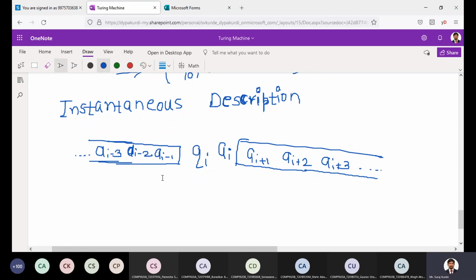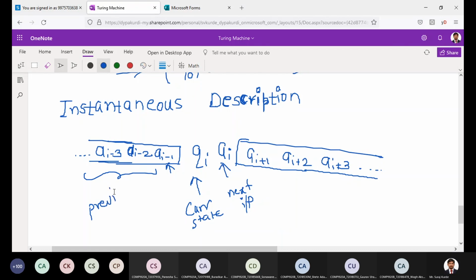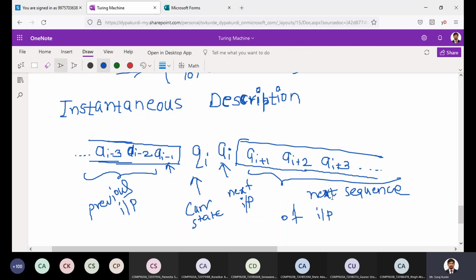This is the instantaneous description, where Qi represents the current state and ai is the next input. After reading input till ai minus 1, the state is Qi. This part represents the previous input, and this represents the next sequence of input.